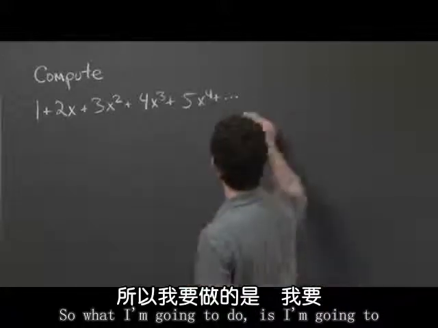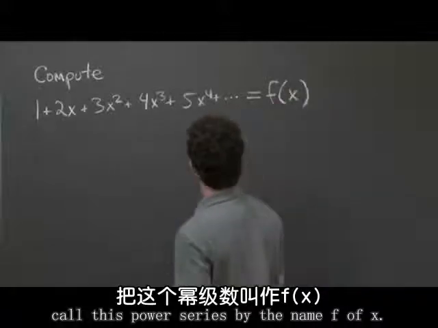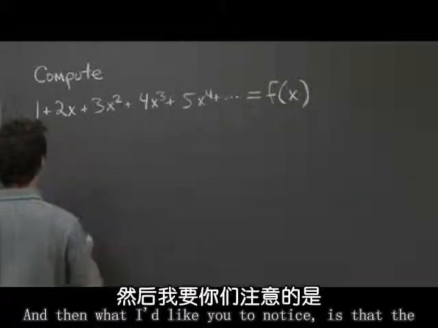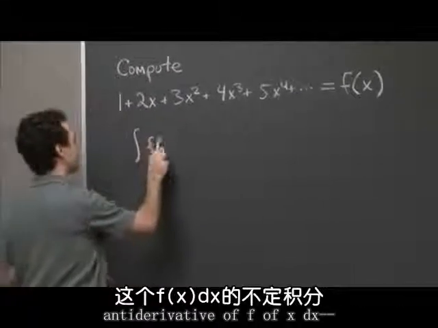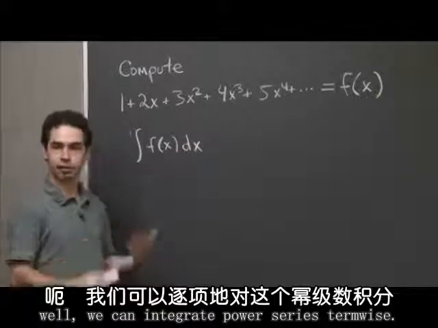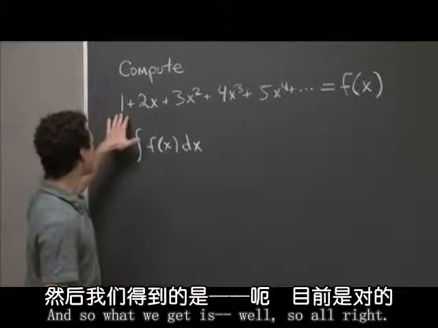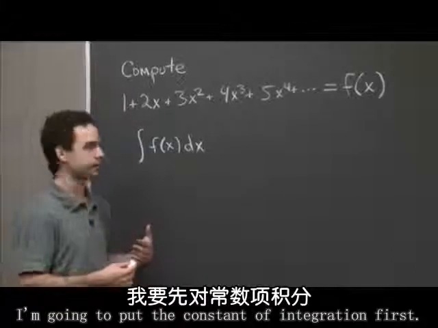So I'm going to call this power series f of x. And what I'd like you to notice is the antiderivative of f of x dx. We can integrate power series term-wise. I'm going to put the constant of integration first.